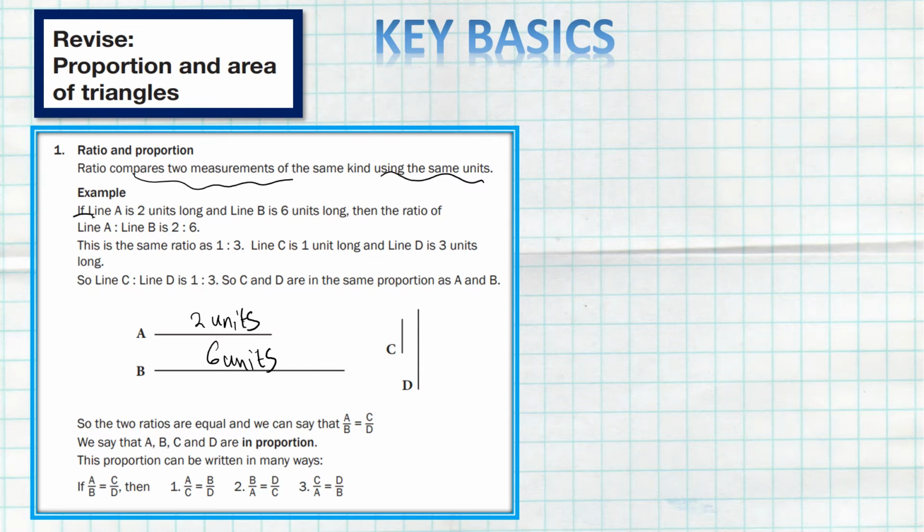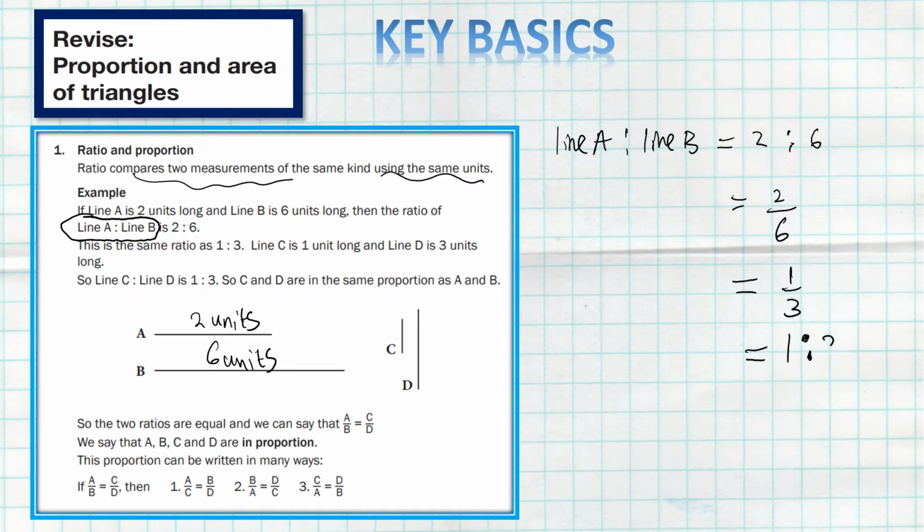Line A is to line B will be 2:6. This is the same as 2/6, which will give you 1/3. And if we write this as a ratio, we'll just say 1:3.